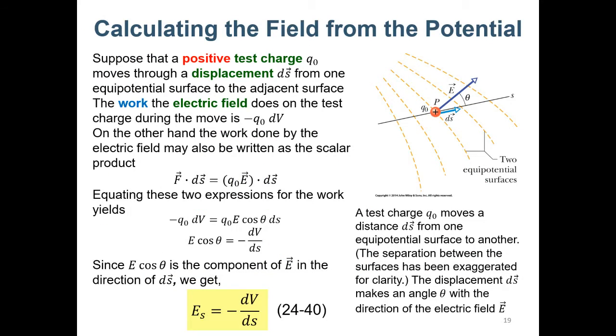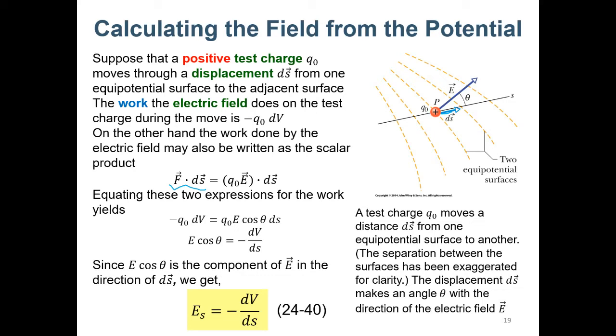It will look like this. Here we consider an E field at this point, and this charge Q0 is moving in this direction, ds. So you have a work done F dot ds.